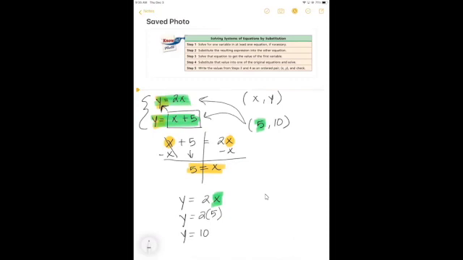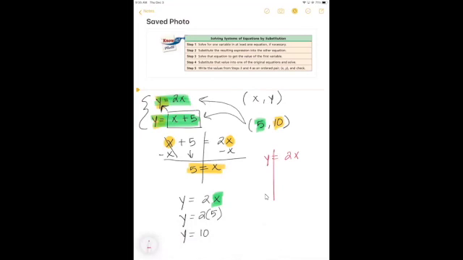Now for the last step, we need to check our work. How we check our work is by substituting both of these numbers where they go for x and y. The first one is y equals 2x. I'm trying to see if I get the same number on each side.